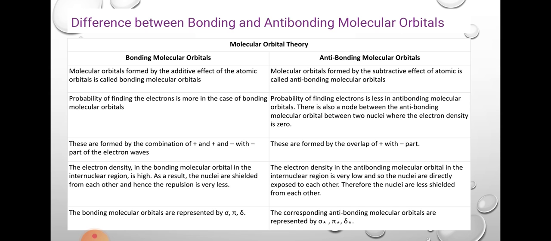In the ABMO, the electron density in the internuclear region is very low, and so the nuclei are directly exposed to each other. Therefore, the nuclei are less shielded from each other. BMO is denoted by sigma, pi, delta. ABMO is denoted by sigma star, pi star, delta star.